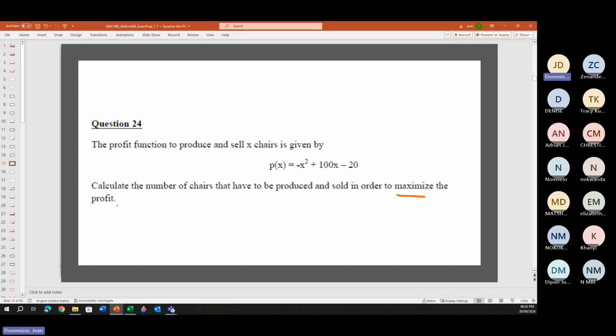This one we can nearly do in two different ways. When we look at maximizing profit, we need to differentiate this formula. That could be the one method, so let's differentiate. When we differentiate that, it becomes minus 2x.